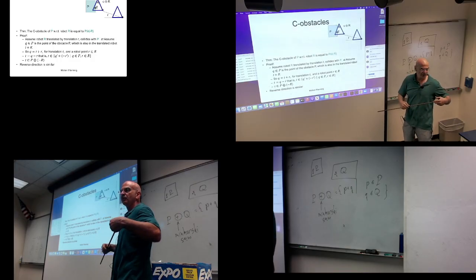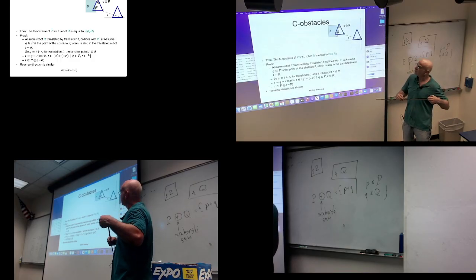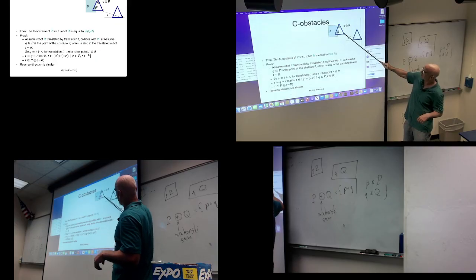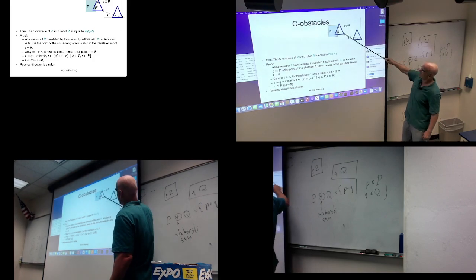Of course, I need to allocate one specific point in the robot to say that's the origin. But we said that this point is completely arbitrary. Let's take the lower right point to be the origin.